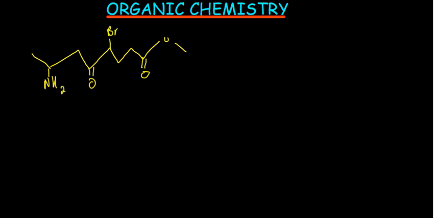Okay, so let's be able to name this one. And the first thing that we're going to do is to count how many. So we can see this point here. There's a separation of this portion from this portion, which is this side. And so this one, there's only one carbon. But what of this side?